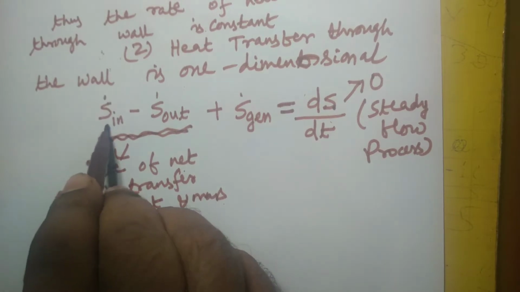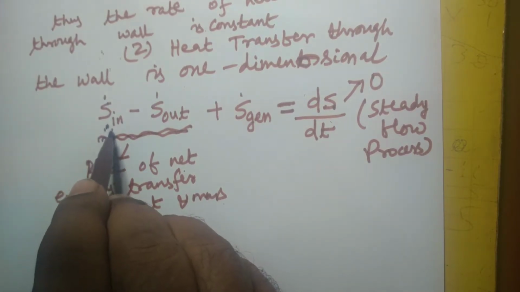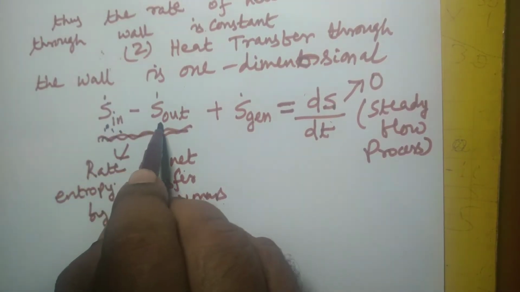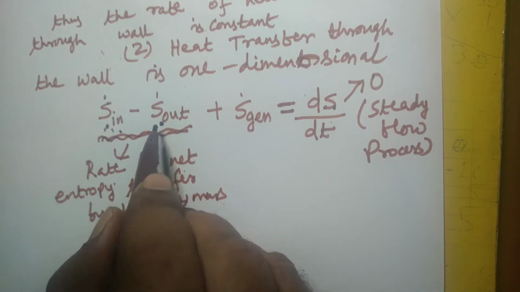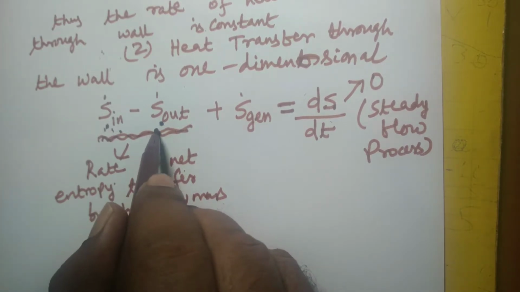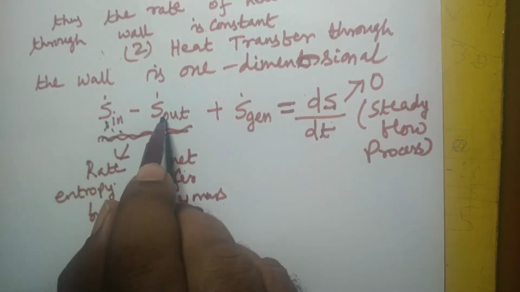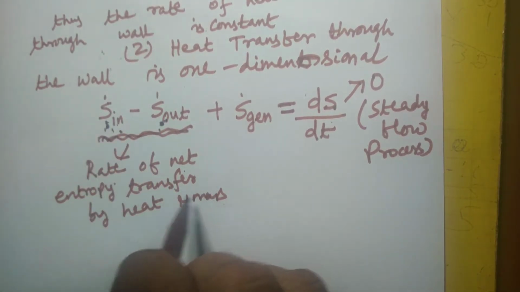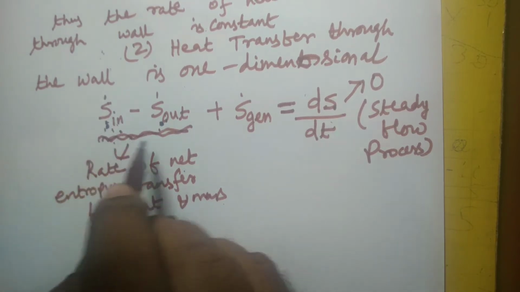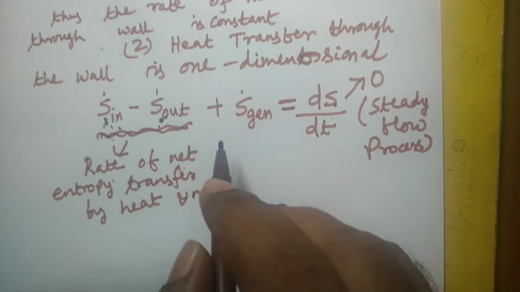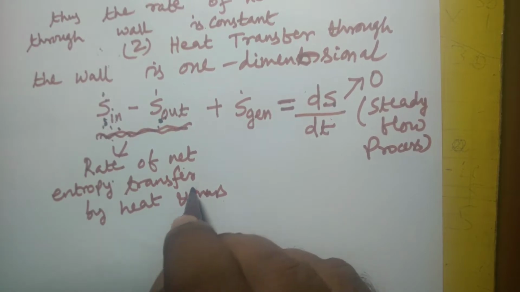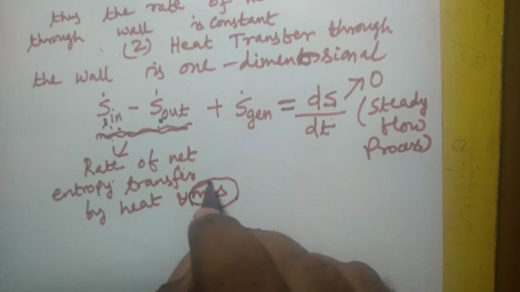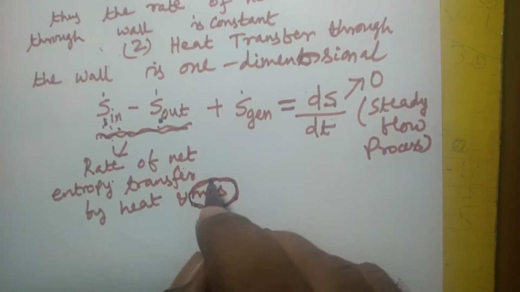This is the total rate of entropy that enters the system. This is the rate of entropy that is going outside the system. So if you subtract this from this, you will find the rate of net entropy transfer by heat and mass. But this is a case of a closed system, so there is no question of entropy transfer by mass, because no mass interaction takes place in a closed system.